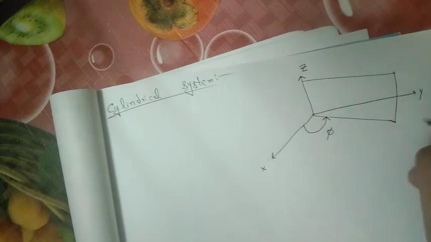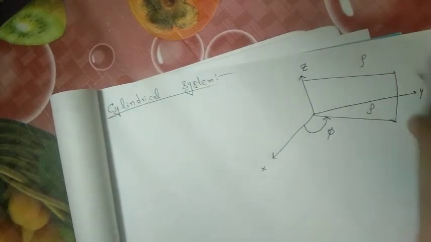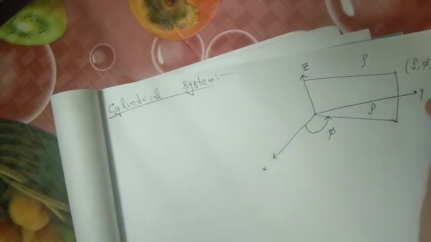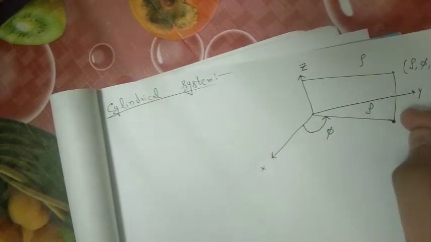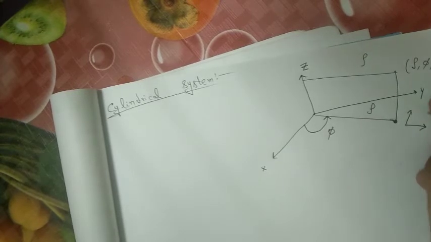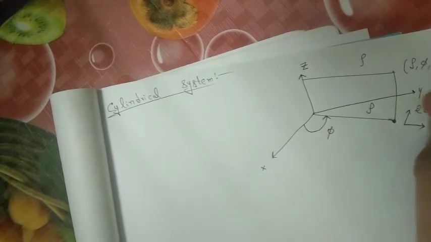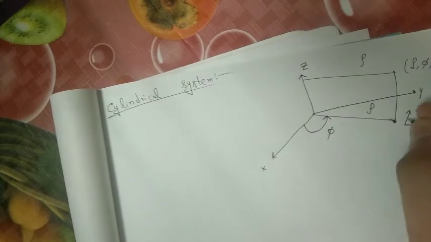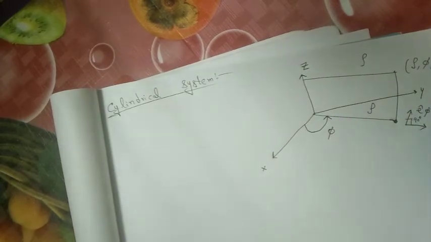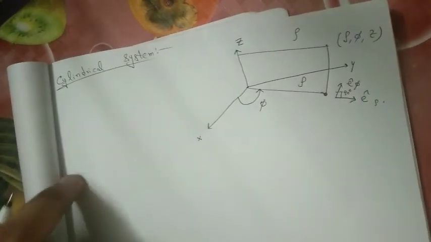This is the angle, this is rho, this is the point rho phi z. This is phi cap, and this is rho cap, the unit vector, and phi cap is 90 degrees ahead.